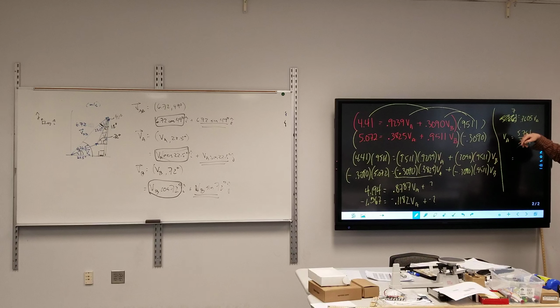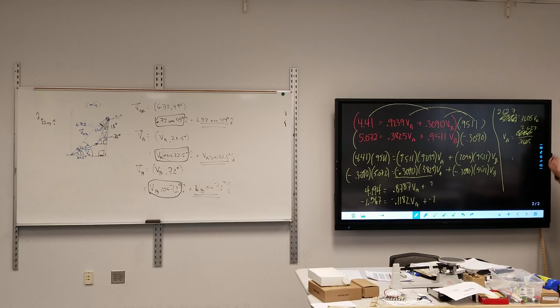So carry the 1, 2, and then 2.627 divided by that, which is something. And then it'll be meters per second. 454.